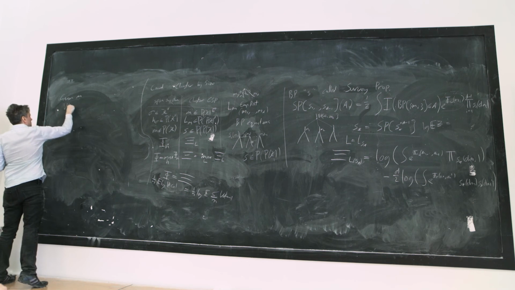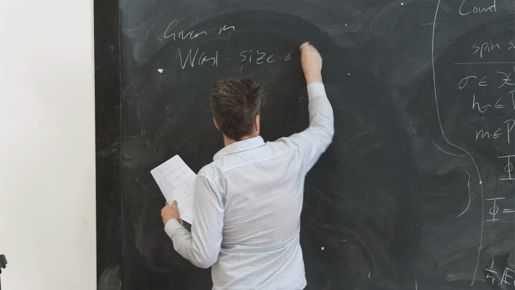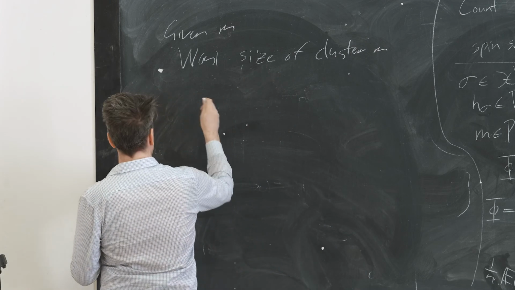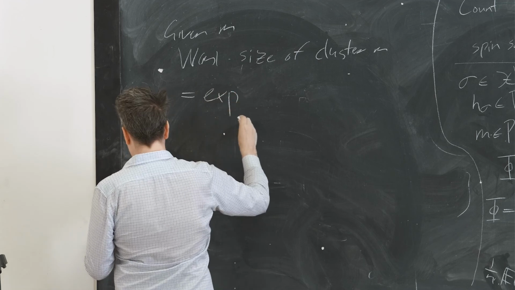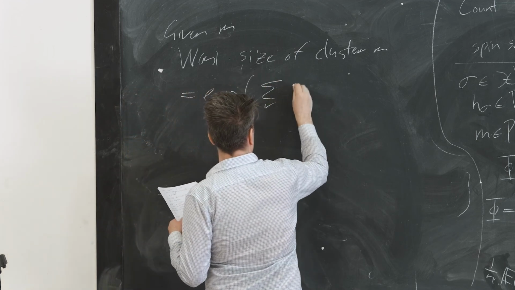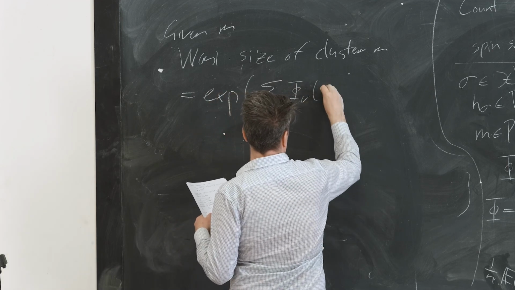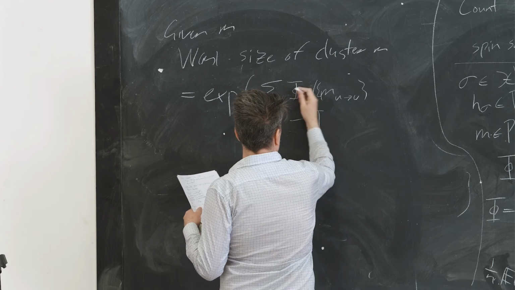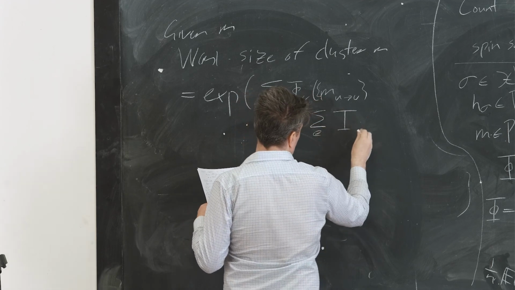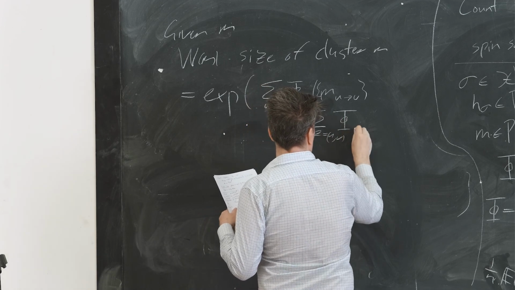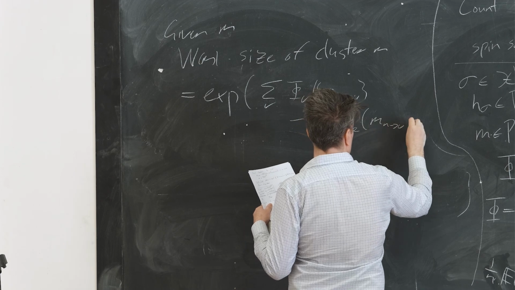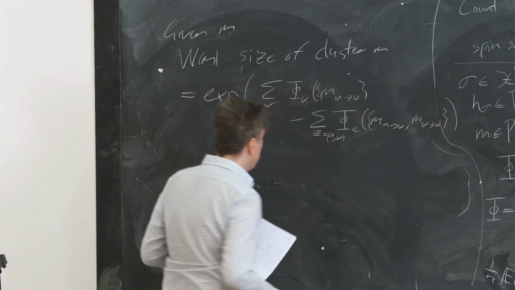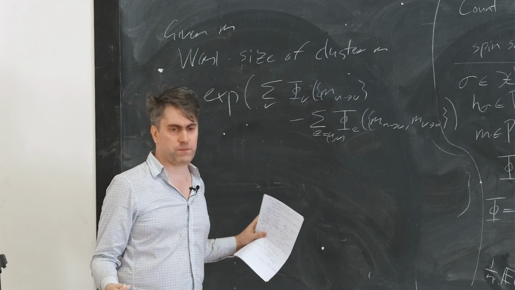So W_M is the size of cluster M. Well, basically, we can just write it as a sum over V, by V, of, and a sum over E, by E. So this is just the formula that we would get if the graph was a tree.